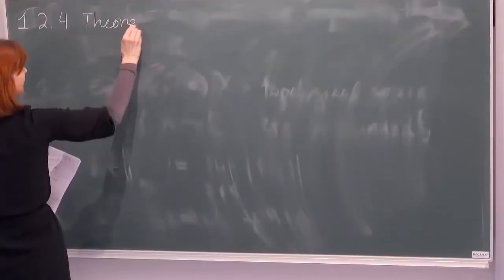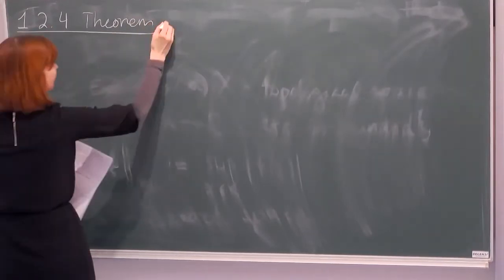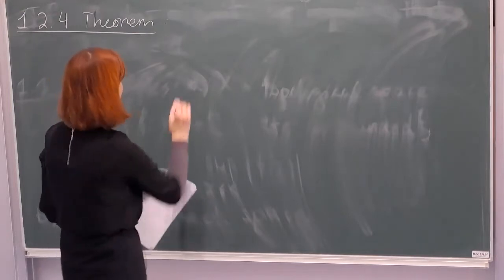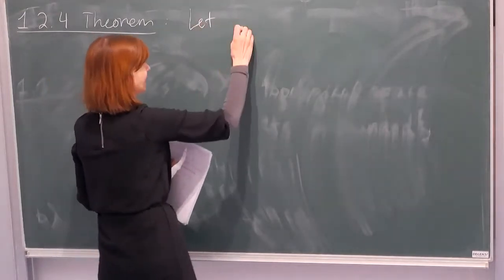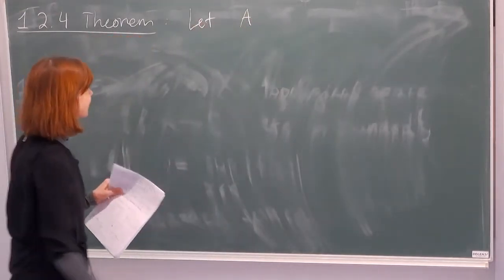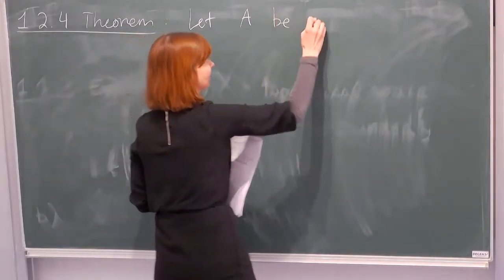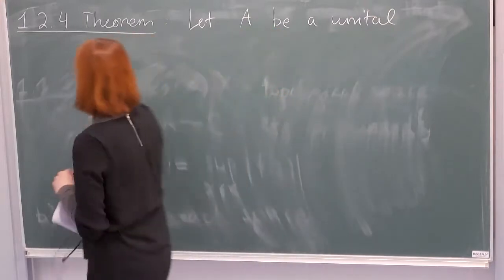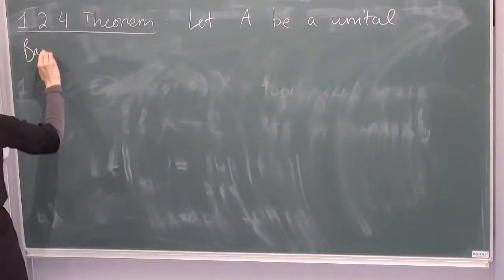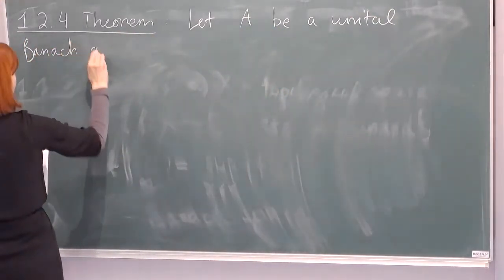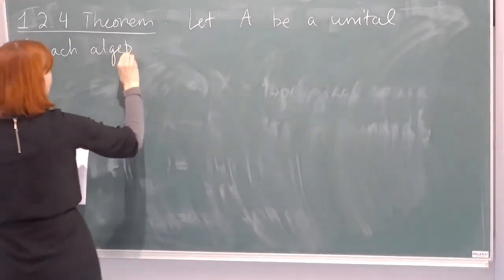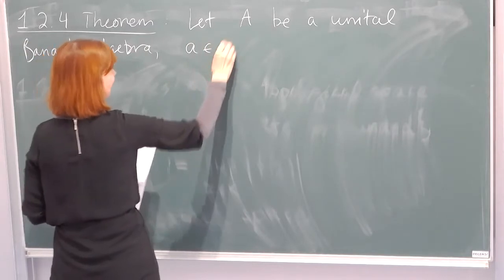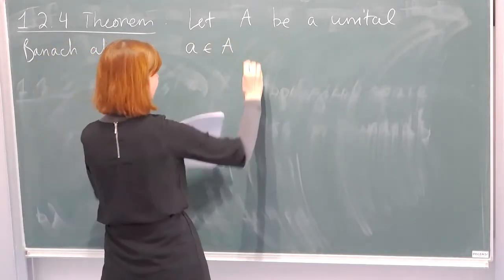So we have another useful tool here. Now we need it to be a Banach algebra, so we're going to need completeness. So we want a unital Banach algebra now, and take some element a with norm at most 1.